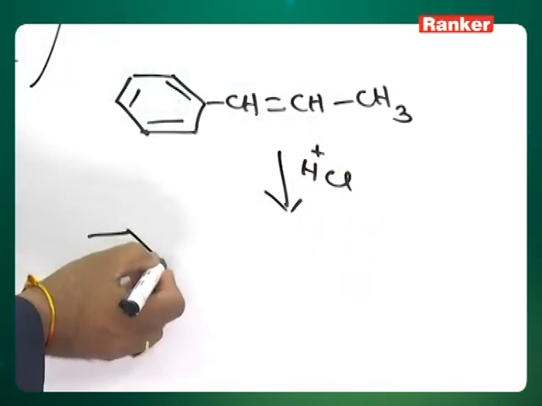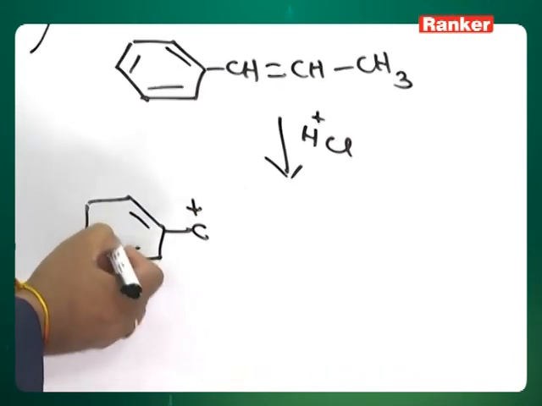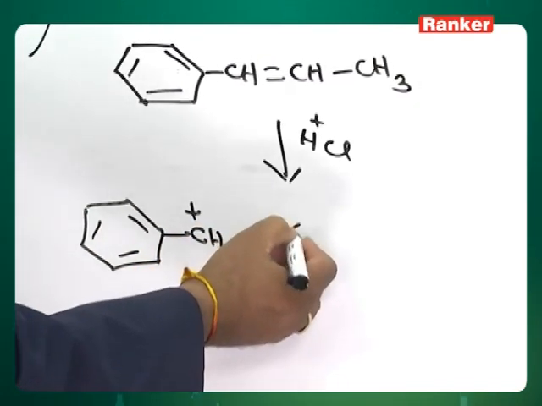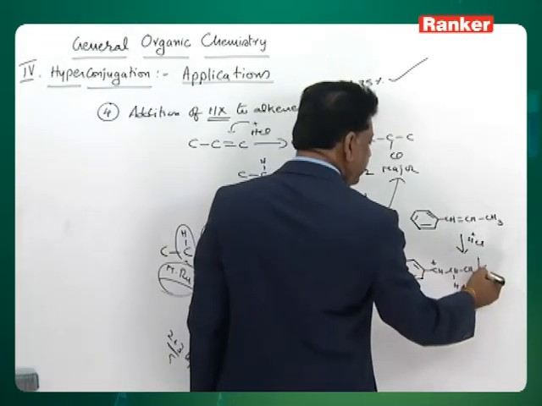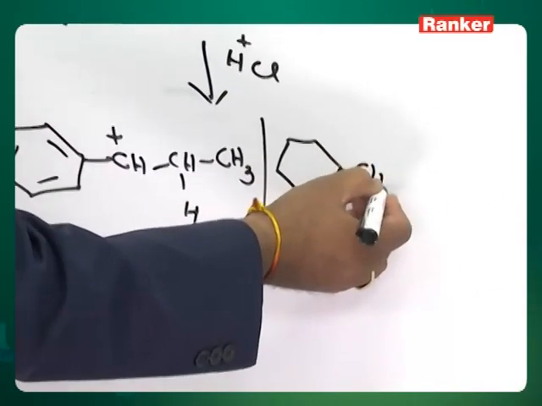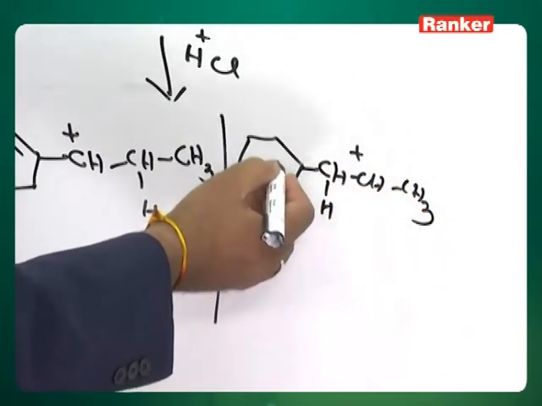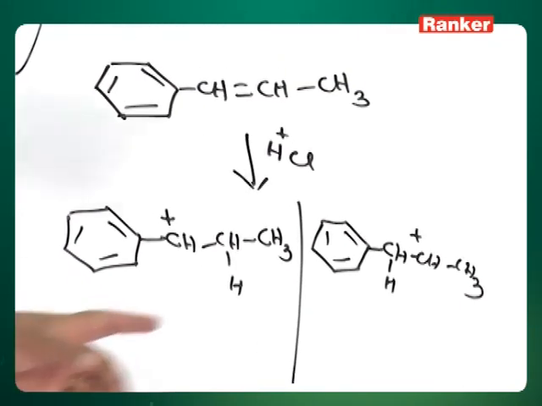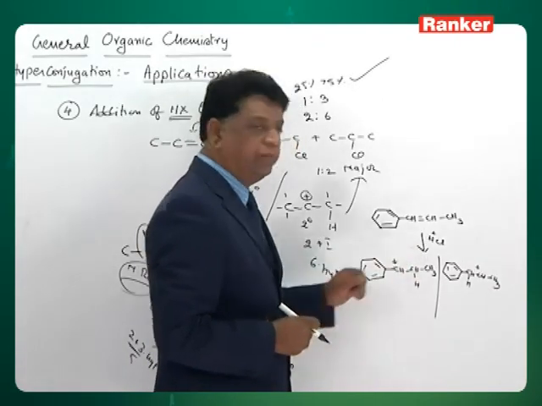So you can get an intermediate like this, a carbocation on this carbon and the H added on that carbon. The other one is where H is added this side, with the carbocation on the carbon next to the ring. Now, which will have more hyperconjugations? That has 3 plus 2, 5 hyperconjugations. This has only 2 hyperconjugations.